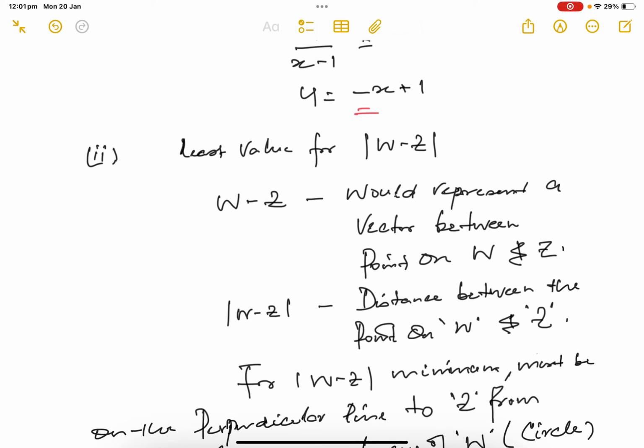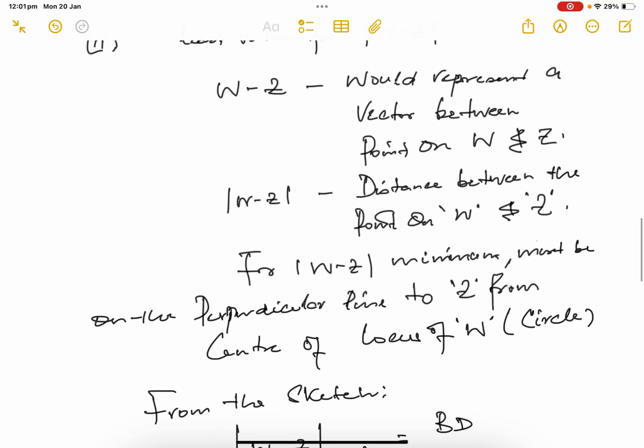Linking those two, it will give you the vector w minus z. The modulus of that is the modulus of that particular vector. So the modulus of w minus z is the distance between the point on w and the point on z. Simple as that.